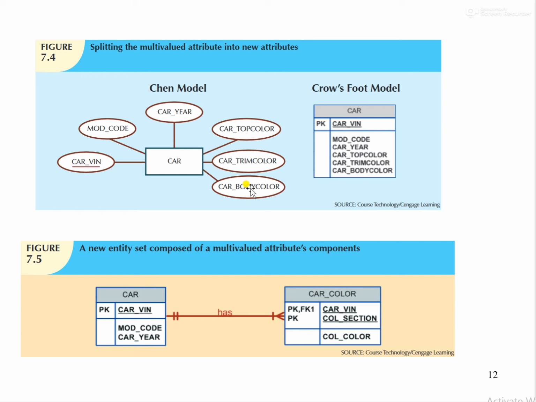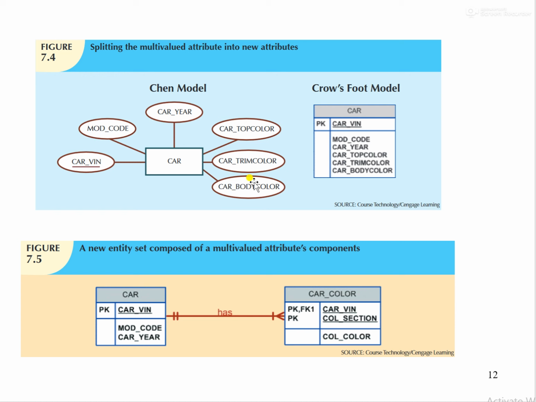Then at the intersection of a single row and column, we will have only a single value in each cell. But if we add another attribute, car logo color, there are some attributes for which we will not have any value. So in that case there may be a lot of null values.